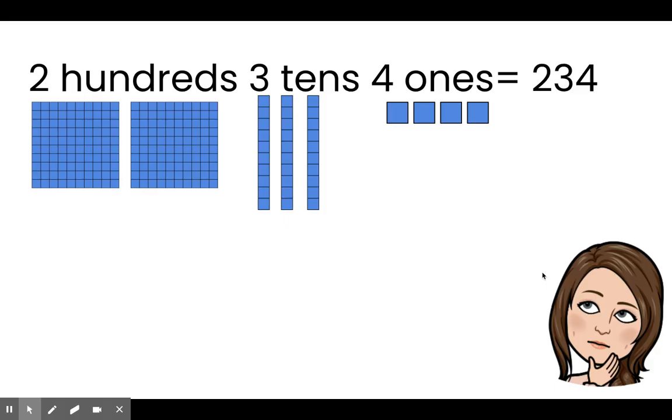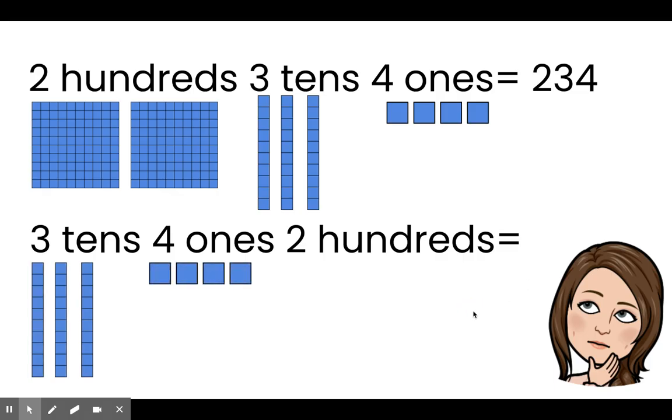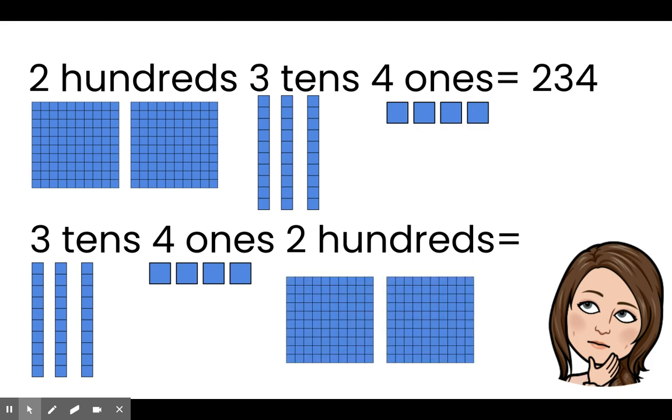Well, if 2 hundreds, 3 tens, and 4 ones equals 234, what does 3 tens, 4 ones, and 2 hundreds equal? It's not written exactly the same. Let's take a look. I have 3 tens, 4 ones, 2 hundreds.